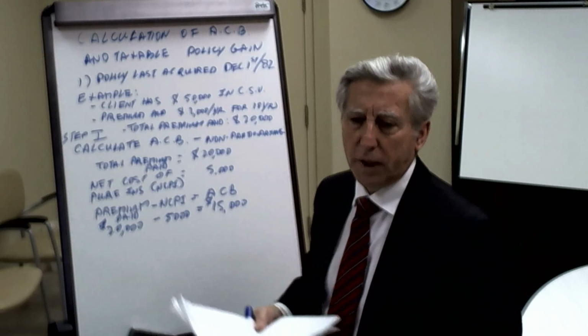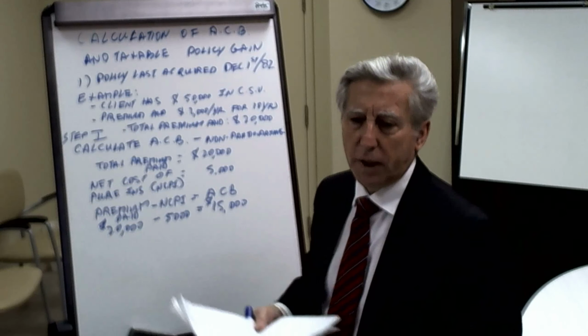So in this case here, the first one we have is what we call non-participating whole life. Basically this applies to whole life insurance, universal life, things of that nature that are non-participating. In other words, no dividends or anything along that line. So it's non-par. Please make sure that you clearly understand that this is a non-par situation.